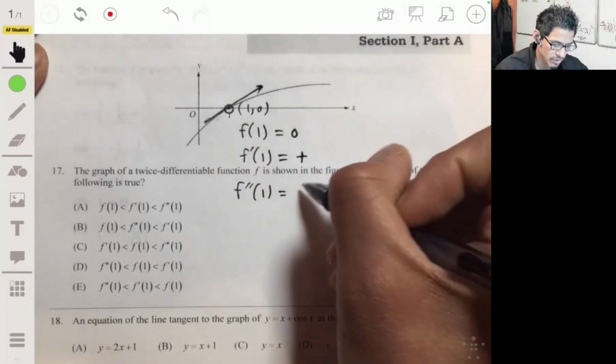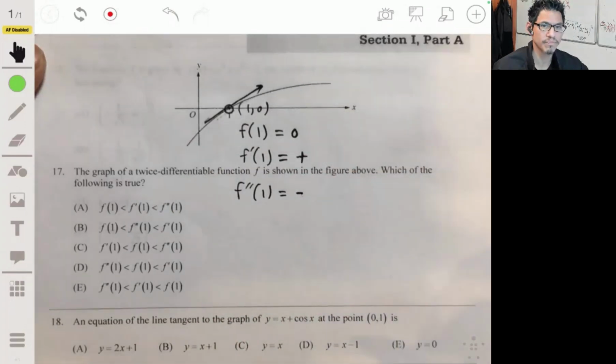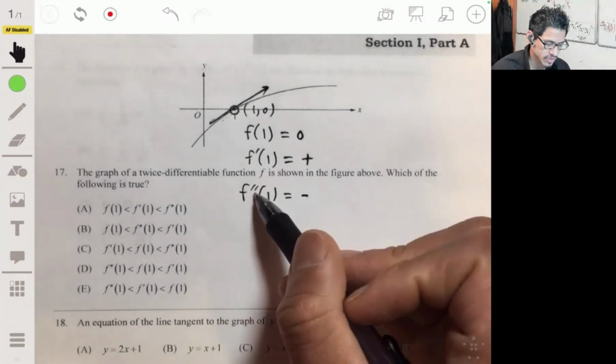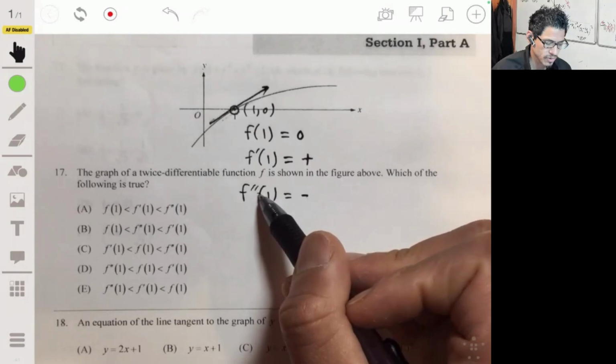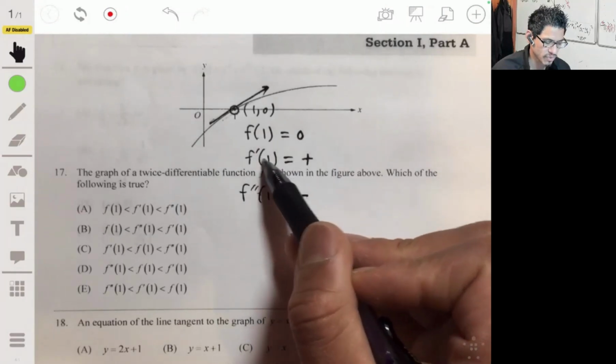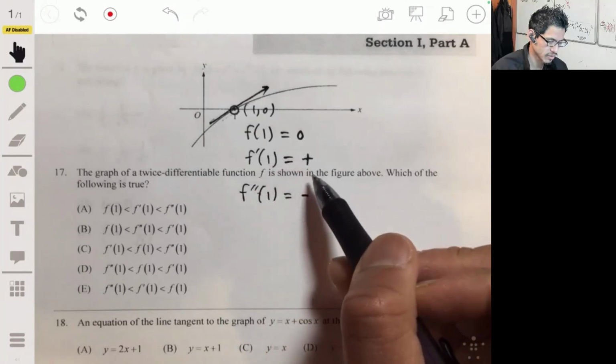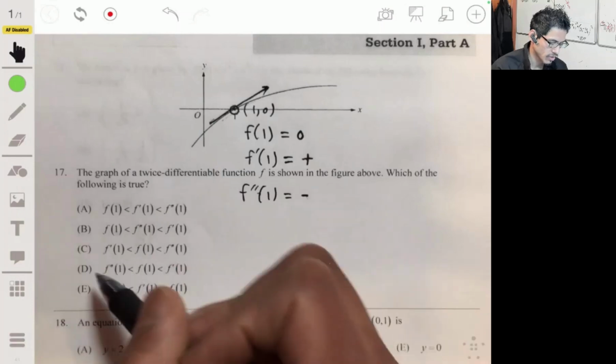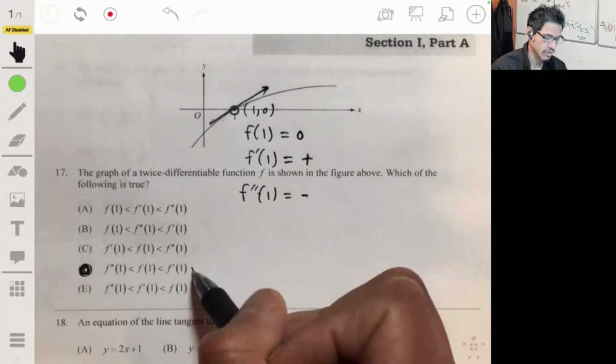Since it's concave down, we know the second derivative is negative. And so then we would have that this is the smallest value, then f of 1 is in the middle, and f prime of 1 is the largest. So looking in order, our answer would be D.